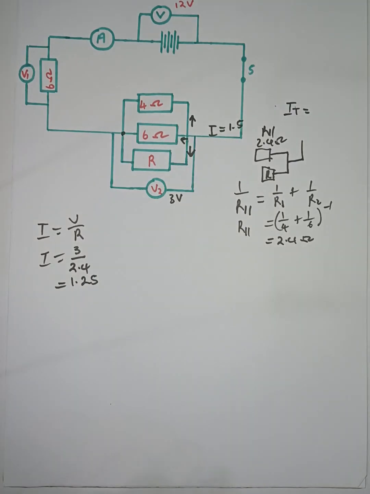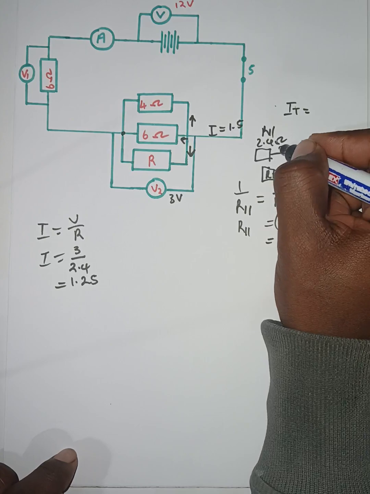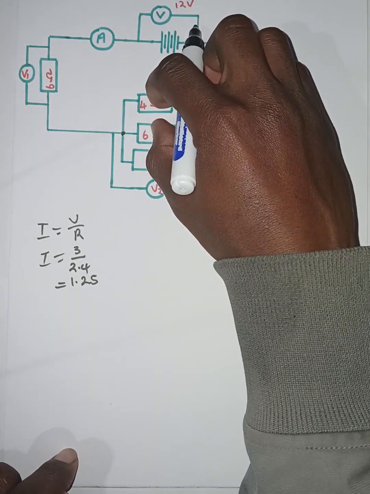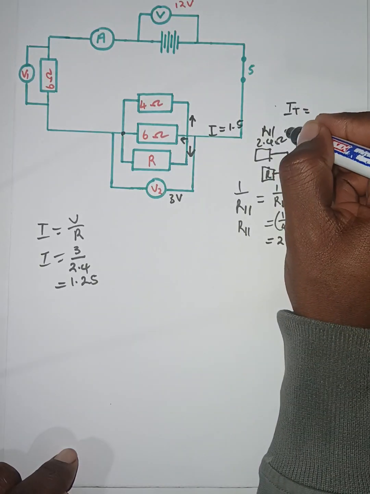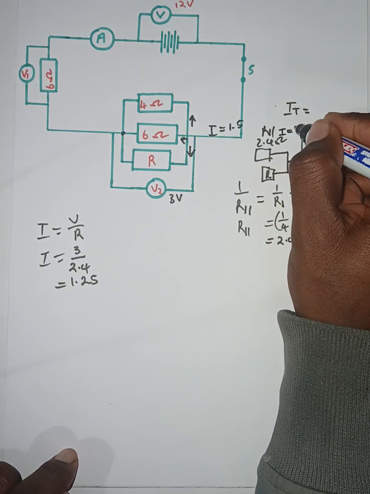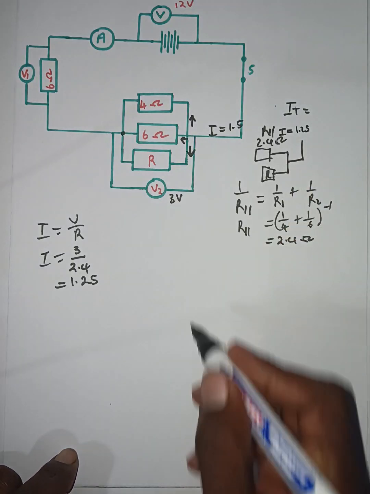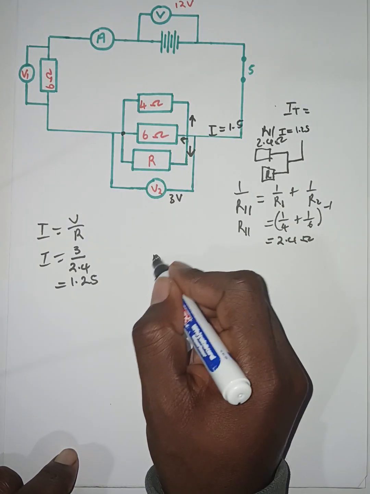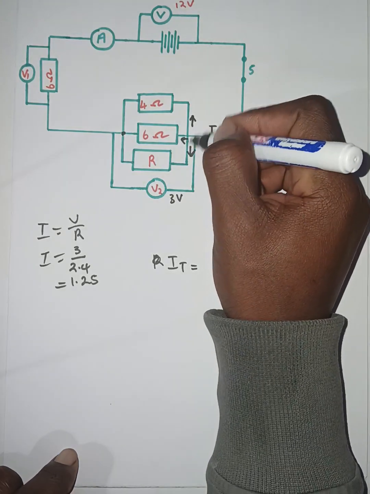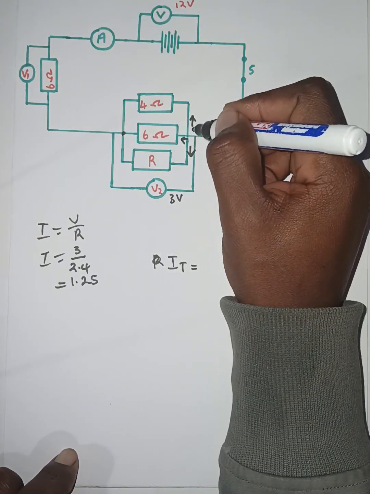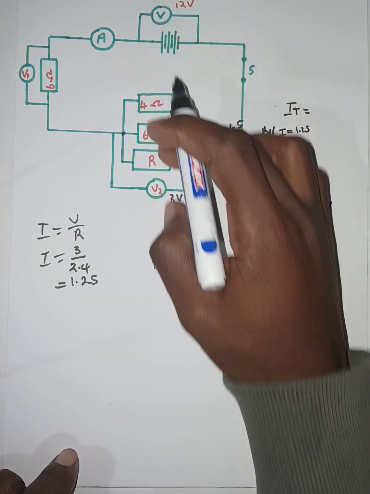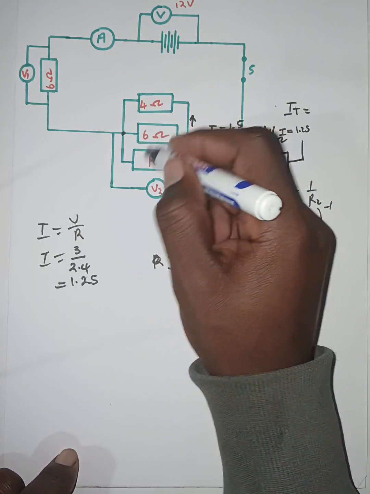So this would be the current that is passing through those two resistances, my I. The current that will be passing through that point would be 1.25. But remember, current, when it gets to that point, will split: some of it goes to those two combined, and some of it goes to that R there.